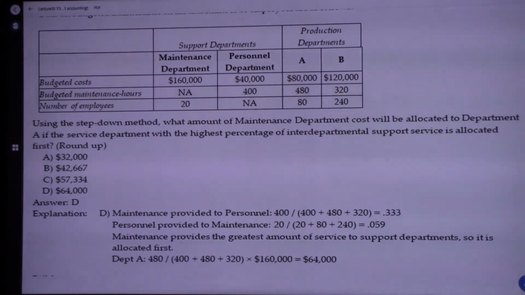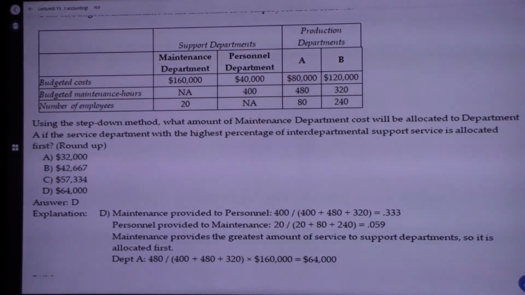To calculate the allocation percentage, I will need to divide the allocation for the department by the total allocation amount.